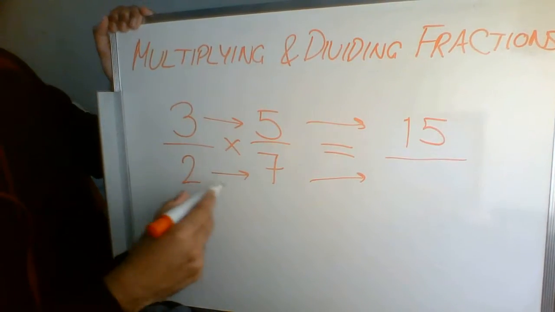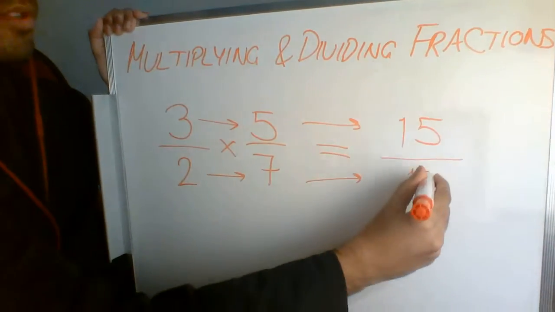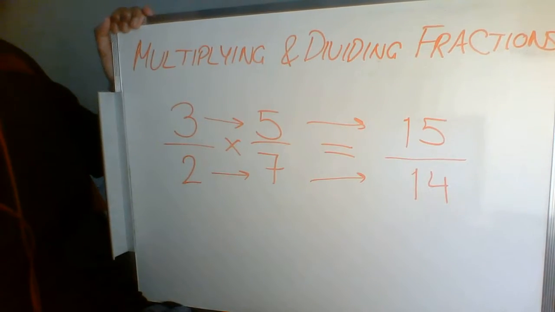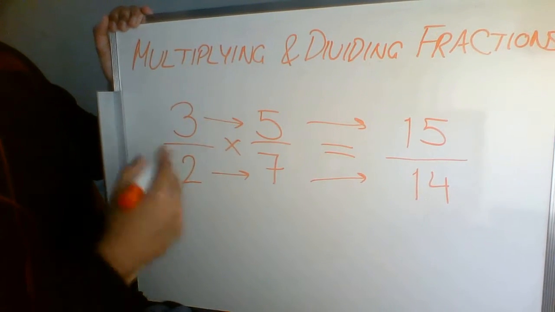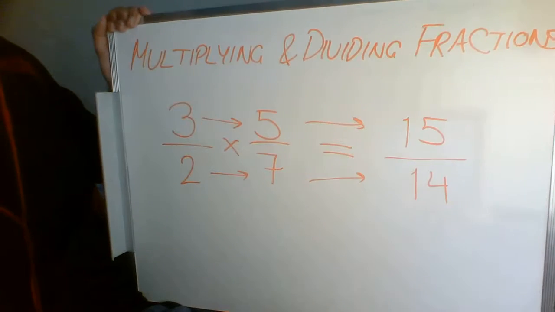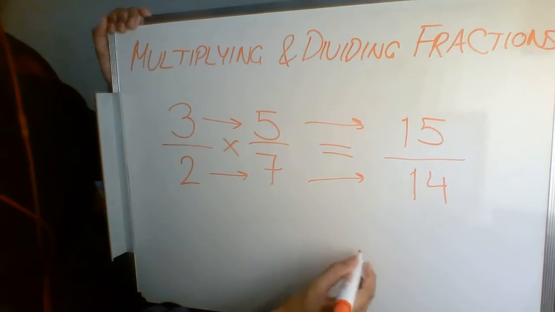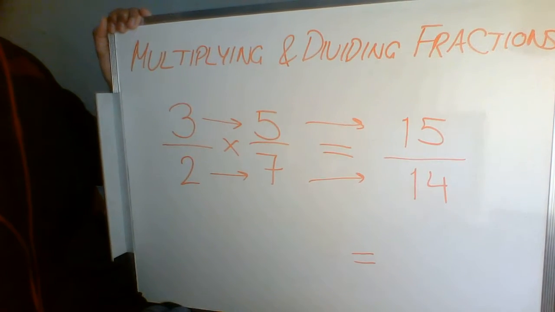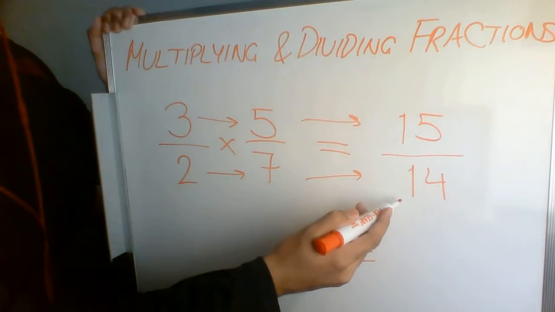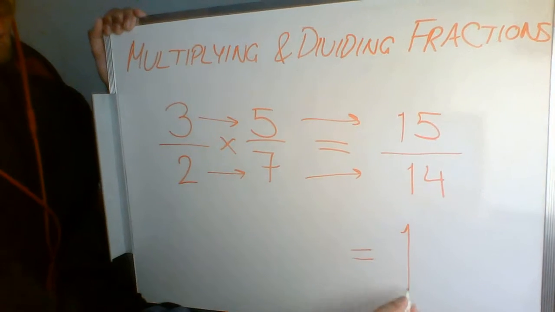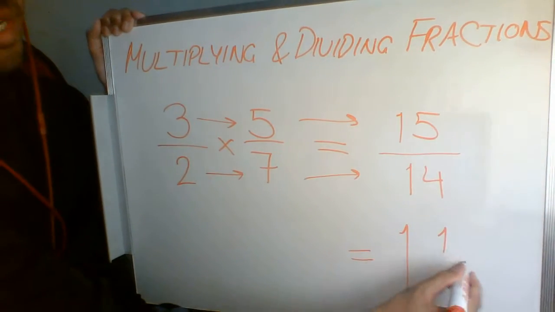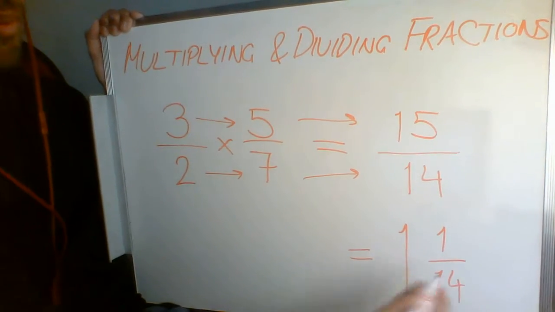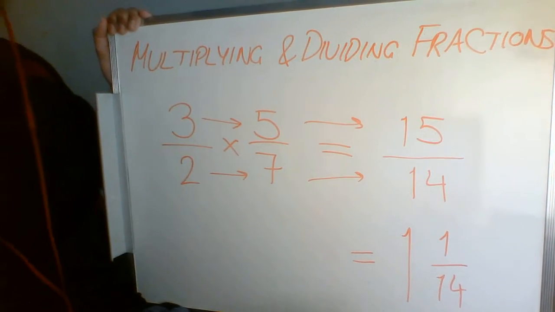And on the bottom, 2 times 7 is equal to 14. And so now we've expressed this product as one fraction, 15 over 14. If we want, we can express this as a mixed number, which, if you convert that from an improper fraction to a mixed number, you can fit one group of 14 into 15, and then you'll have one piece left over. So you should get 1 and 1/14 as your answer.